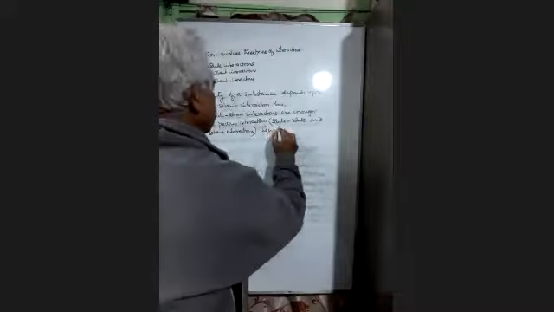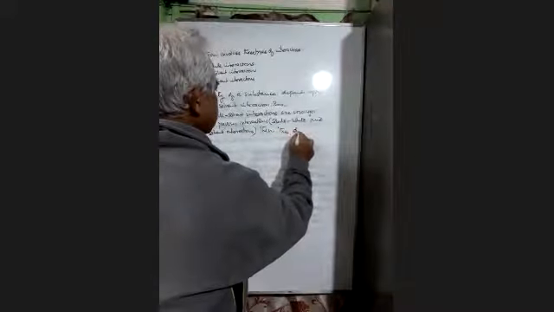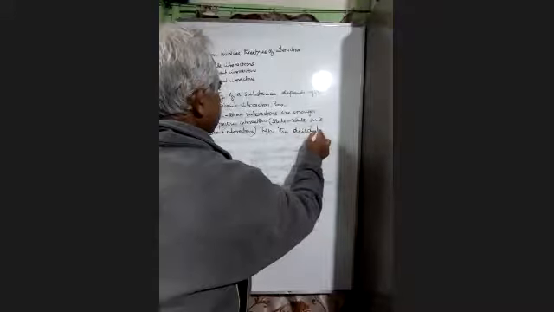If the solute-solvent interactions are stronger than their previous interactions, that is solute-solute and solvent-solvent interactions, then the dissolution process, meaning going to solution, is fast.